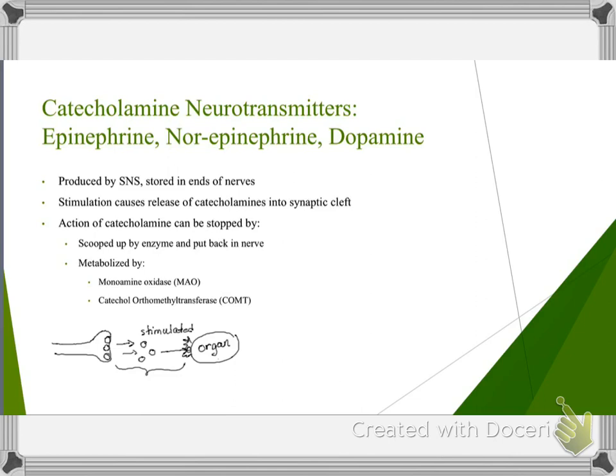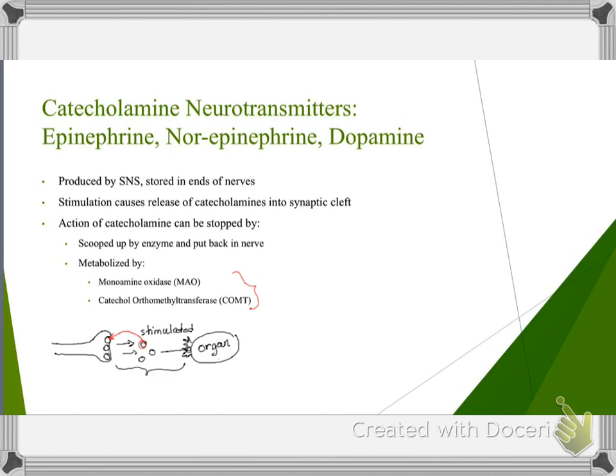Now the action of the catecholamine can be stopped by either being scooped up by enzymes, so we can have enzymes that scoop it up and put it back where it needs to go, or it can be metabolized by these two things right here, okay? MAO and COMT.